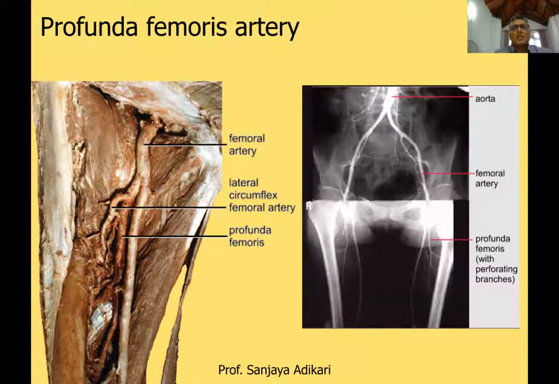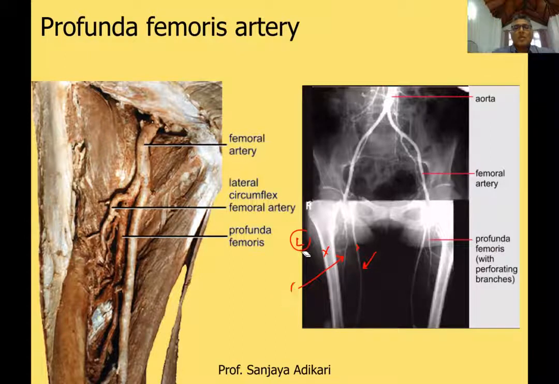So this is the point that I wanted to raise. The deep artery lies lateral, lateral to the superficial femoral artery. In fact it lies closer to the femur, or you can say the deep one lies between the superficial femoral artery and the femur. Okay, in different ways you can express it.